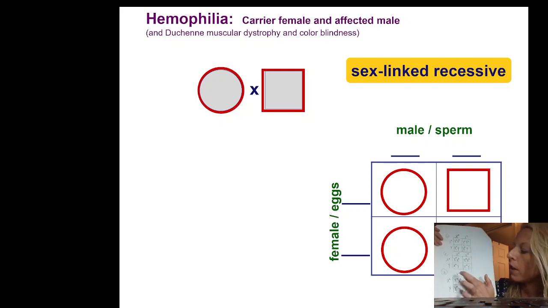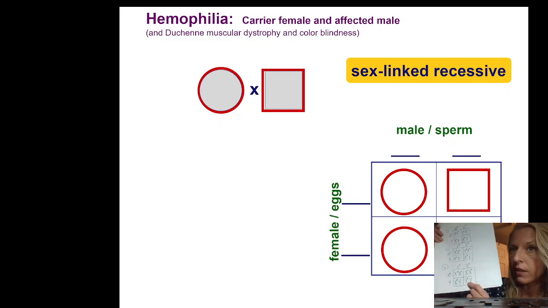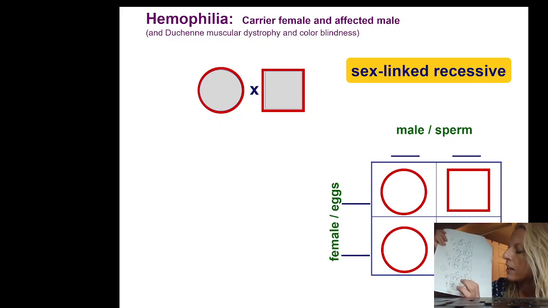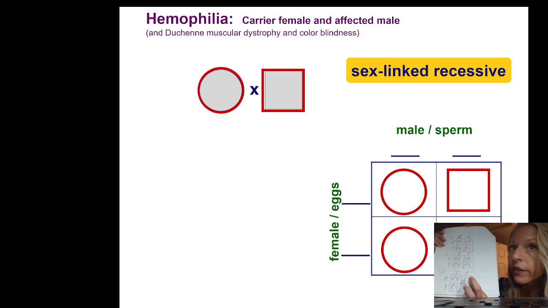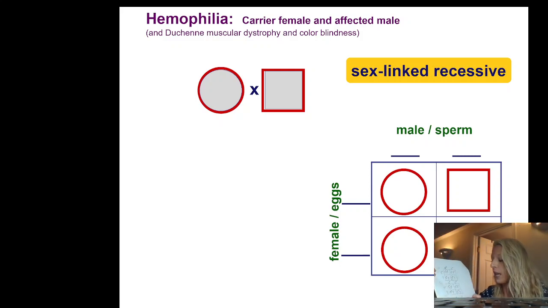The mother passes on her carrier trait to her son, where he ends up with hemophilia, and the male passes his only X chromosome on, because he's only got the one. And then the female passes on hers as she's a carrier, and that's where we produce a female with the disease.